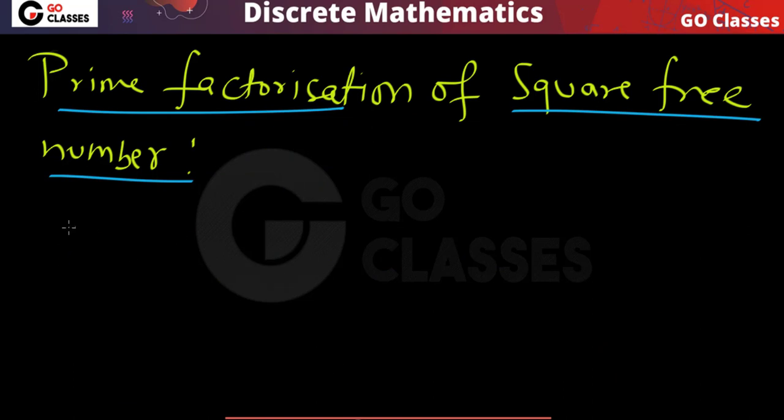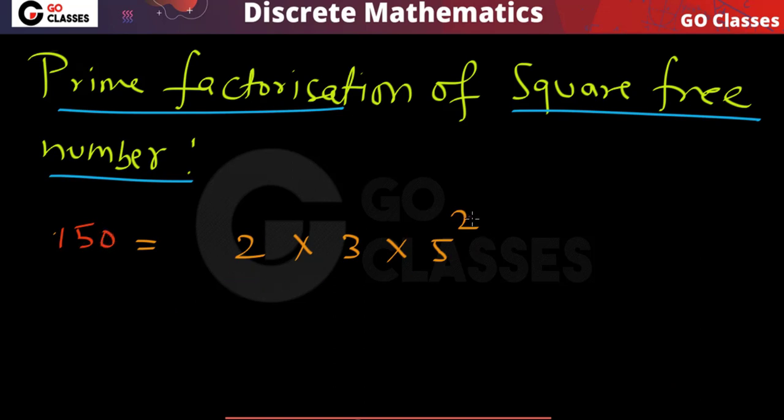Just look at this. Is it possible that a square free number has a prime factorization like this? Is this a square free number? What is this number? This number is 150. So you can check, is this square free?